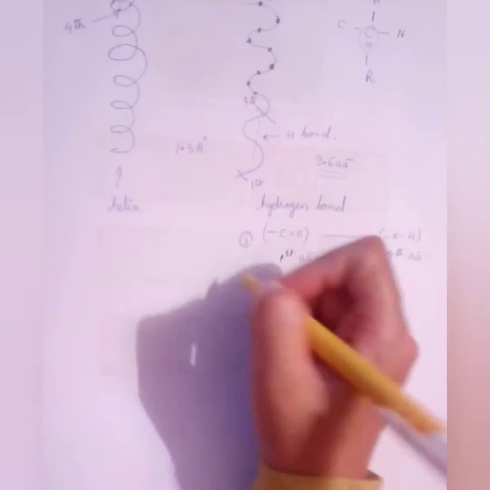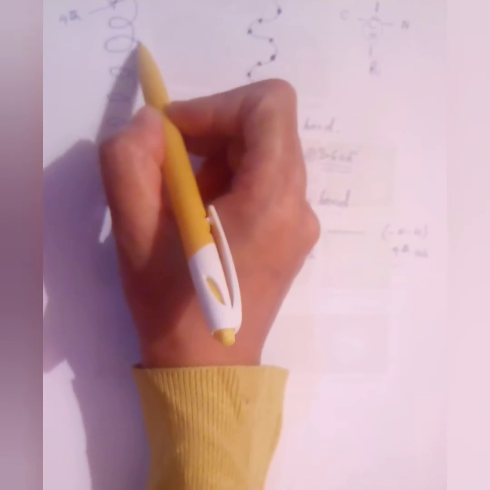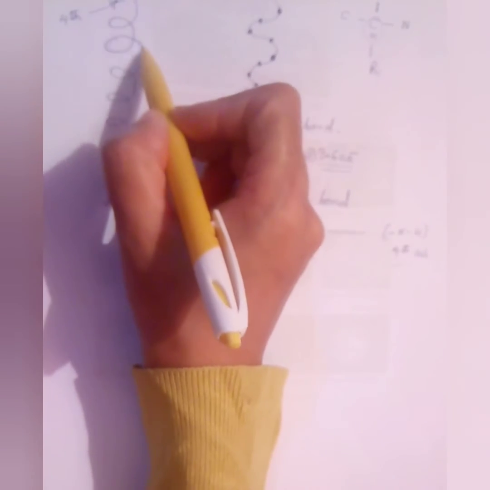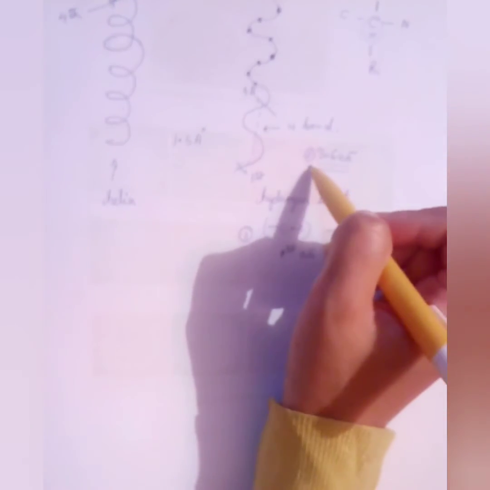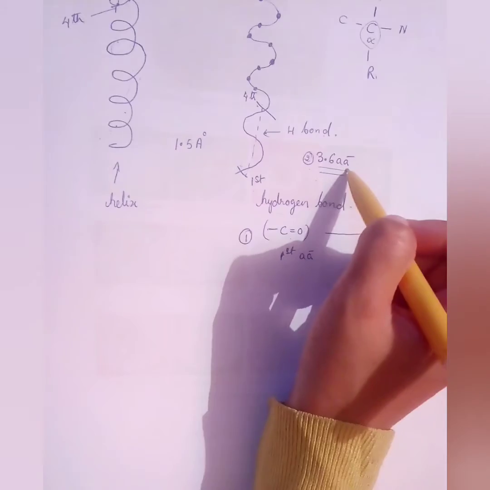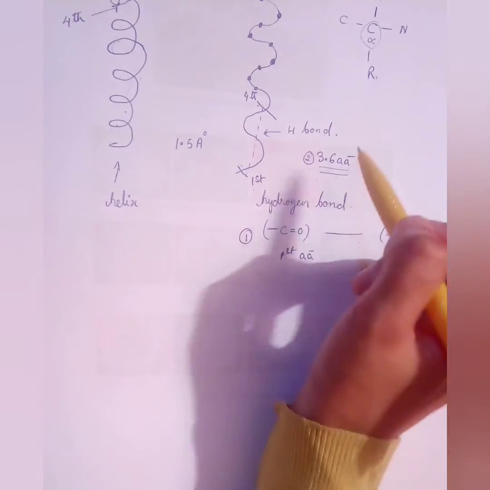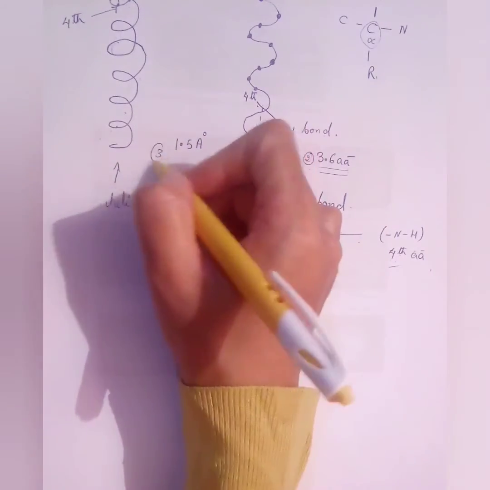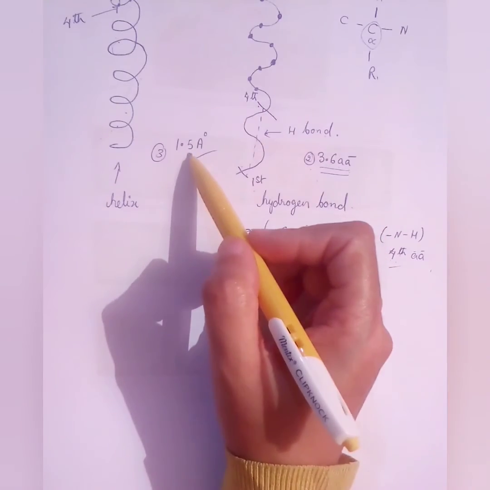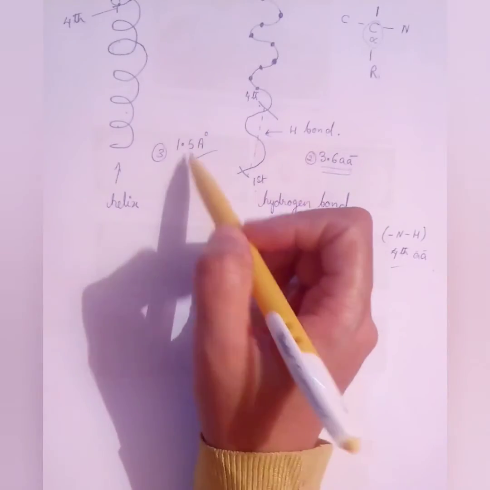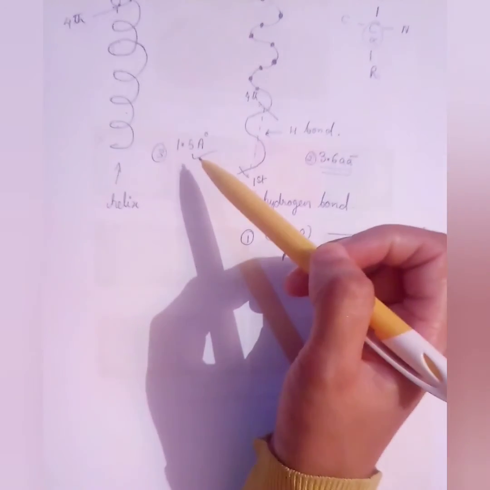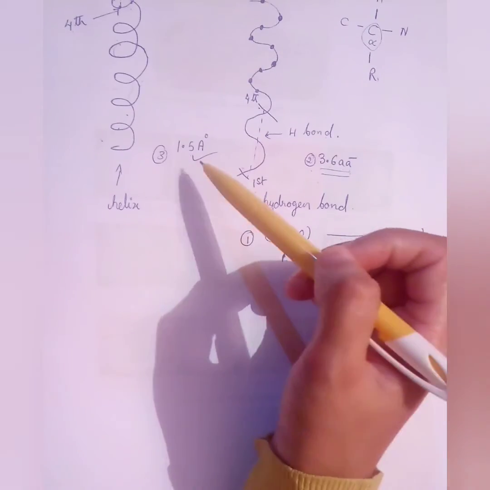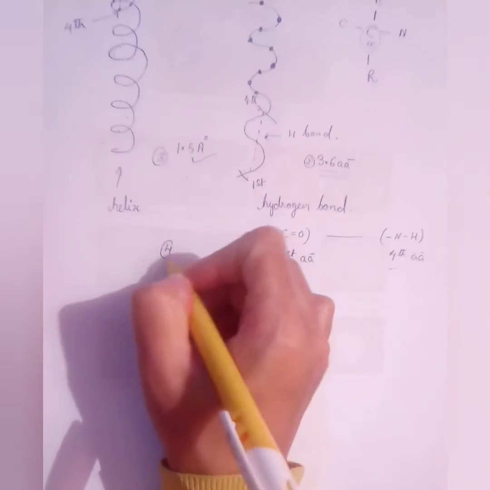The second point you have to remember is that per one full turn of the alpha helix, there are about 3.6 amino acid residues. And the third point is that the distance between each amino acid residue in a helix is 1.5 angstrom.